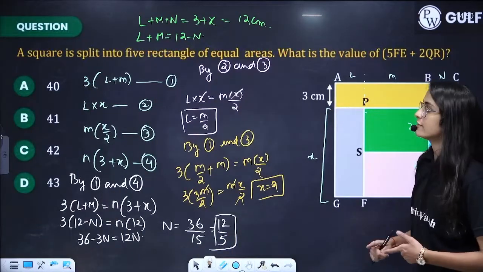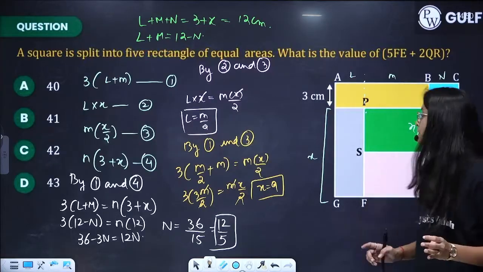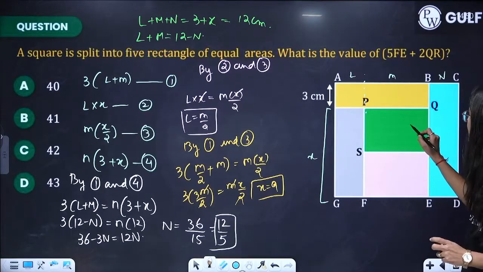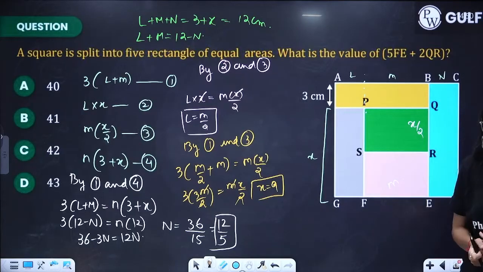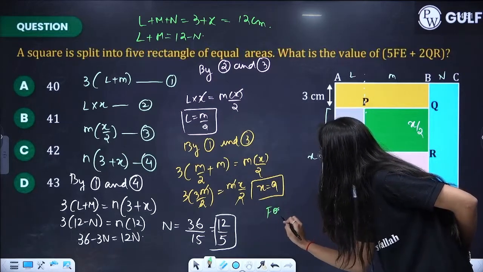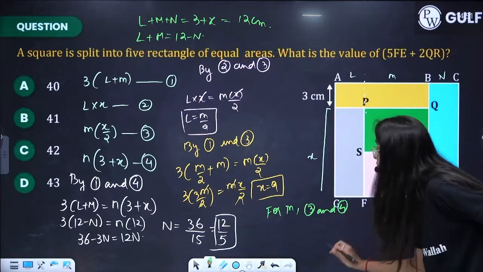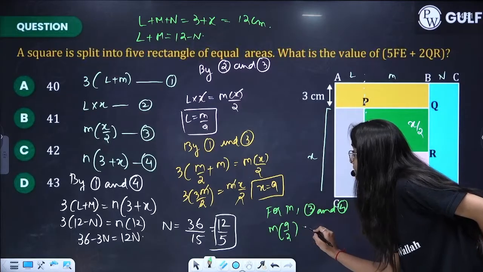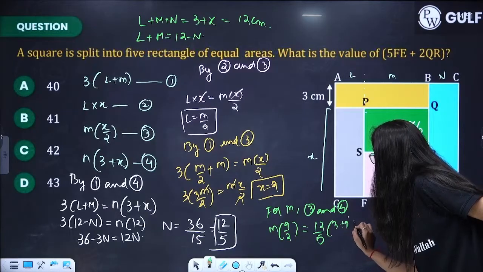Later on, you'll find the values of m and l. So by finding l and m, you'll obtain the values of FE and QR. See, QR is nothing but x by 2, and FE is the value of your m. So let's find out m from here, number 3 and 4. m into 9 by 2 is equal to 12 by 5 multiplied by 3 plus 9.